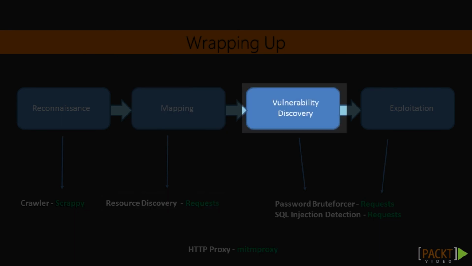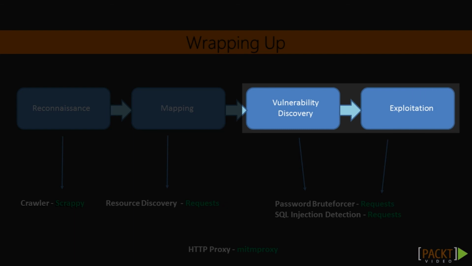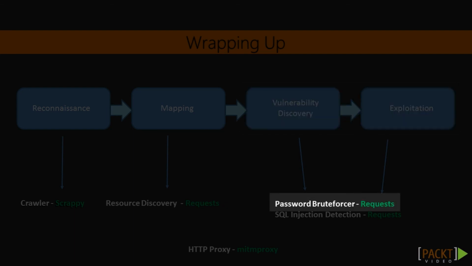Next, for the vulnerability and exploitation phase, we created a password bruteforcer in order to identify weak passwords to help us improve the password policy. This tool supported different authentication schemas, and then we learnt about SQL injection, one of the most common and dangerous vulnerabilities, and we learnt how to create a tool to detect and exploit this vulnerability.